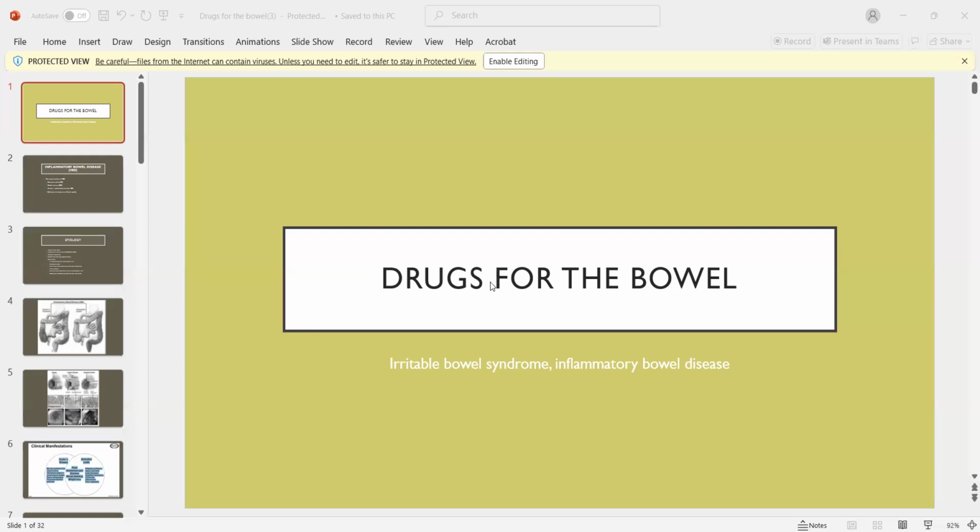Which one of you can tell me one difference? Let's just do this. Who can tell me a similarity between ulcerative colitis and Crohn's disease? They both cause inflammation of the GI tract.